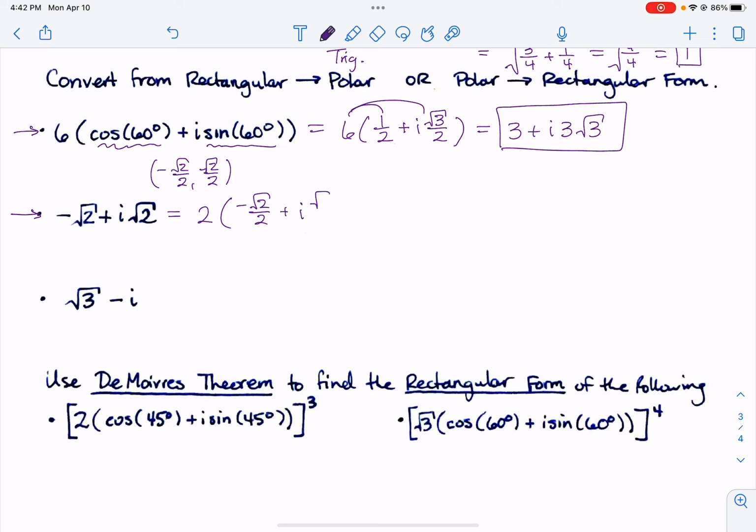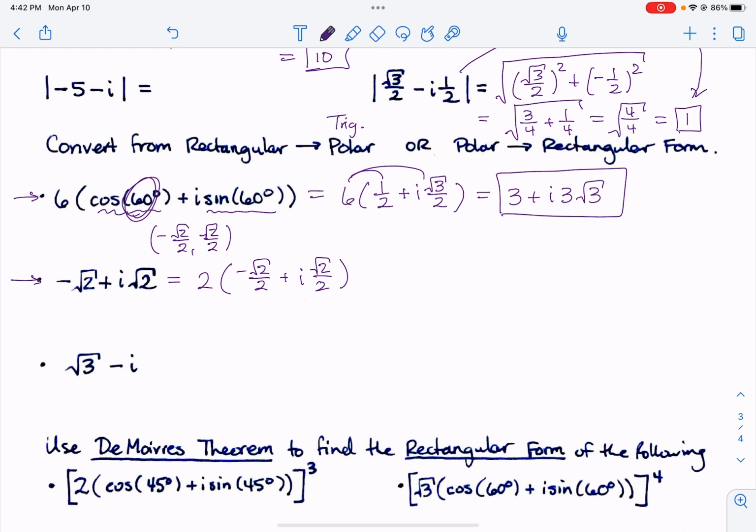And if you don't see how I did that or why that's the case, just distribute the 2 back in, and you'll see that it's true, right? But now that I have a unit circle complex number, I can easily see what the angle is. Because trig form always needs some sort of angle inside of your sine and cosine.